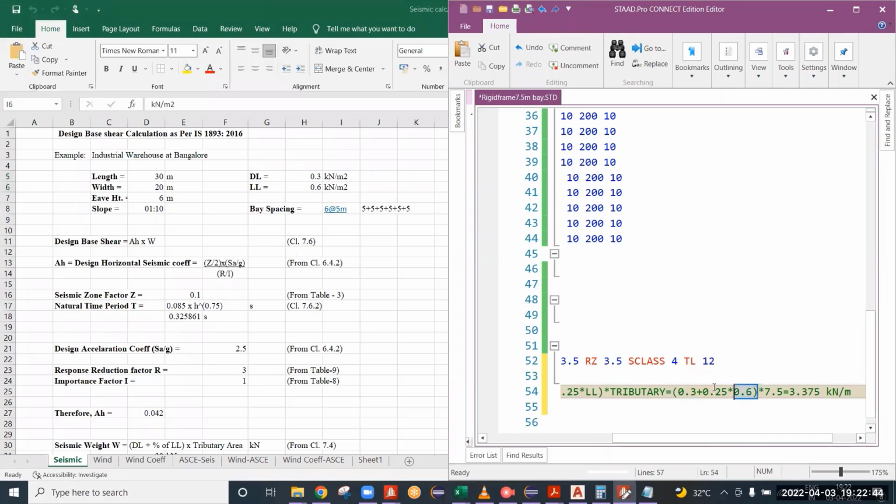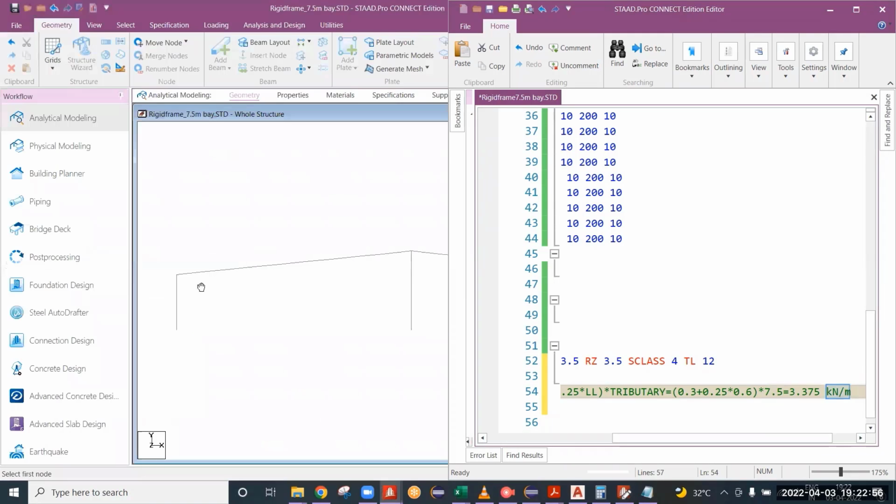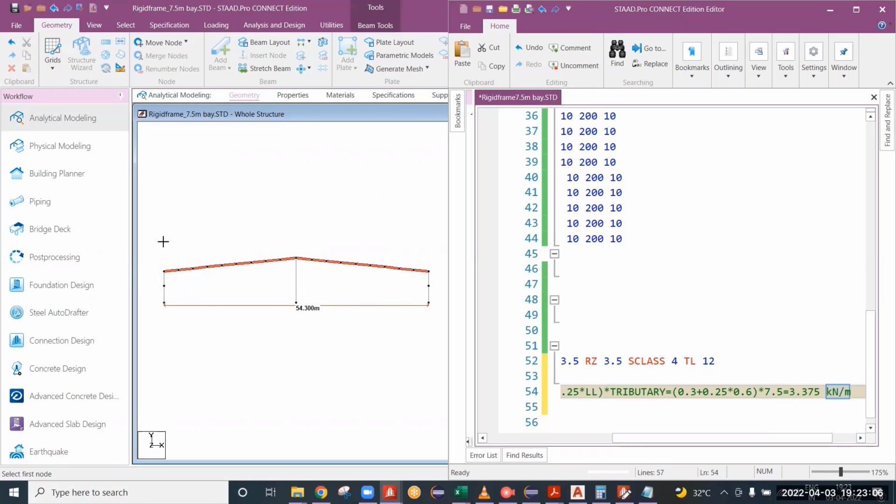So kilonewton per meter square into tributary length, in meters. What you got is a UDL here. So you have to apply this UDL on the rafters, because seismic forces will apply at some particular level from the ground. That's why we have to apply the seismic forces along these rafters only.